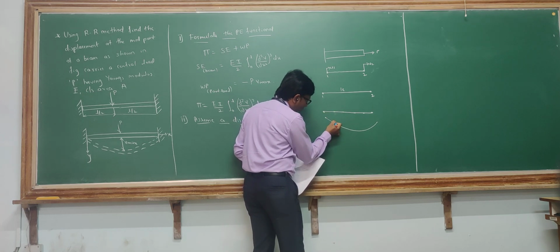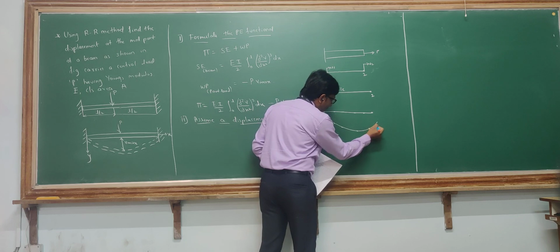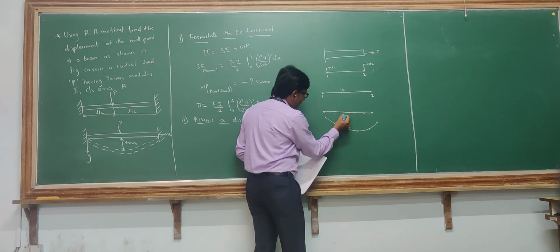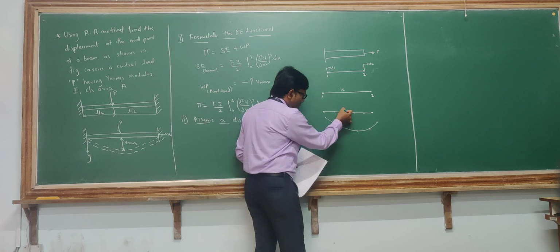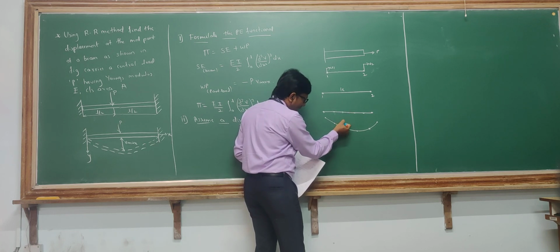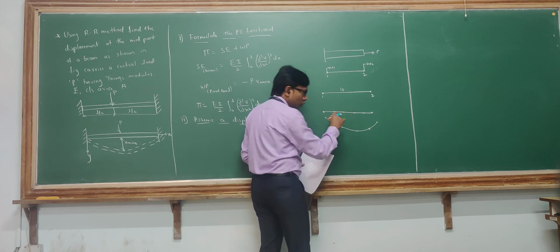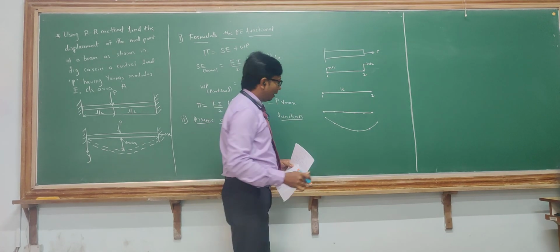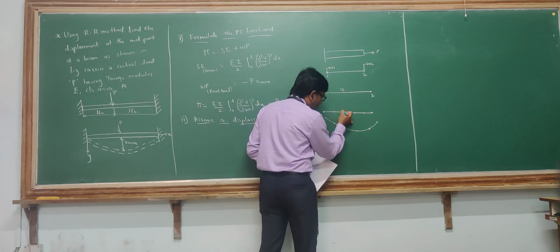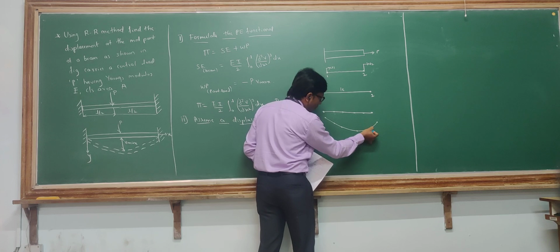If this node has to come down in this particular fashion, it was initially here and now it has come here. It has not gone directly down, it has taken an angle. The node automatically gets rotated to form these positions.